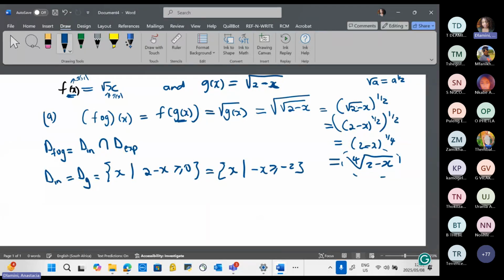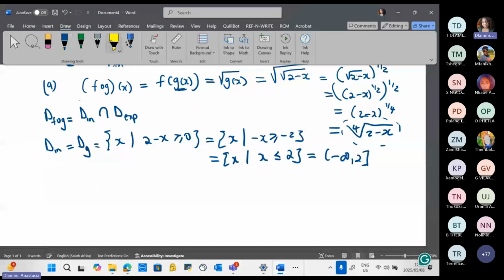Then x should be less or equal to 2. Are you all okay there? Yes, ma'am. In set notation, less or equal to 2 is from negative infinity to 2 included. Now we are done with the domain of the inner function.